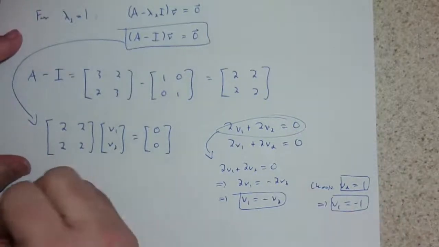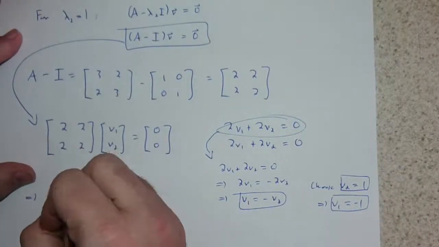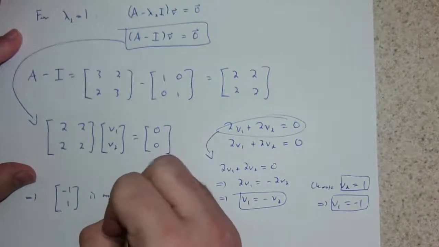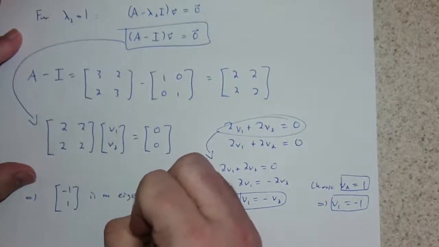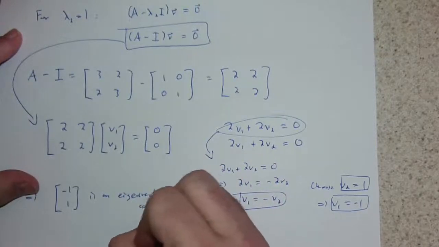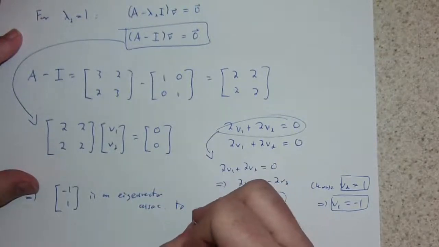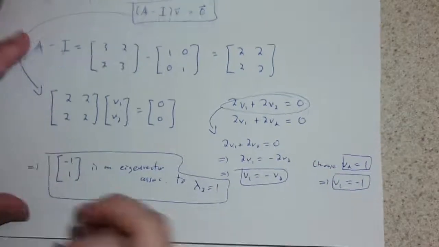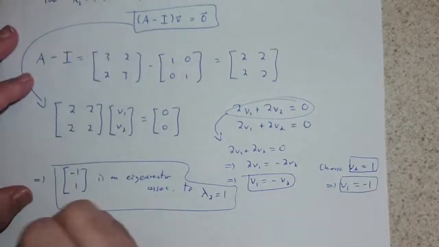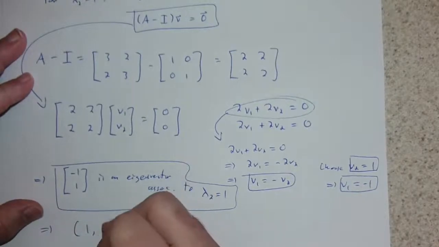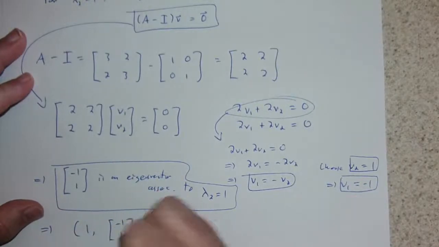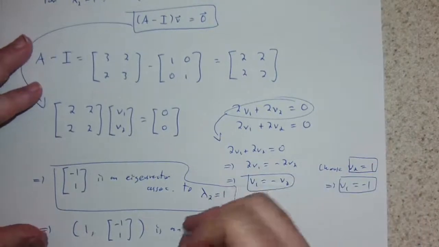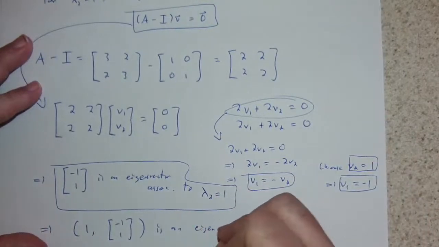And so what that means is that the vector minus 1, 1 is an eigenvector associated to lambda 2 equals 1. Or, another way of saying this is that 1, minus 1, 1 is an eigenpair for A.